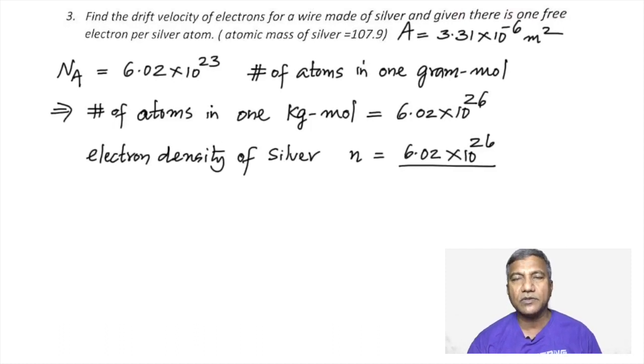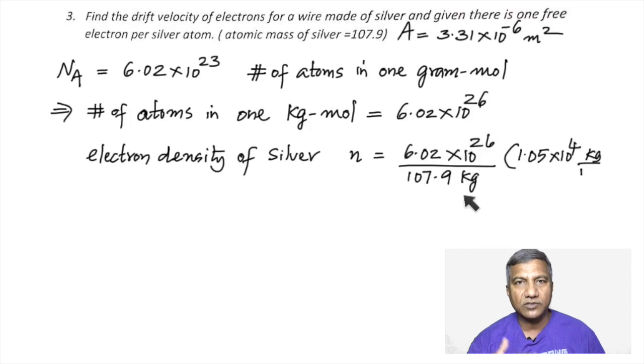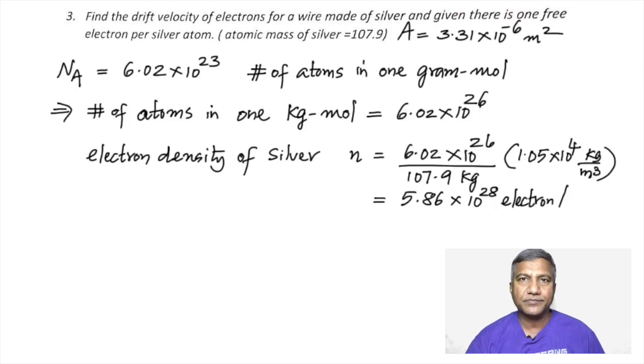Now in order to do that, we use the number we got, the Avogadro number times 1000, divided by the atomic weight of silver, which is given, and then we multiply with the density of silver.